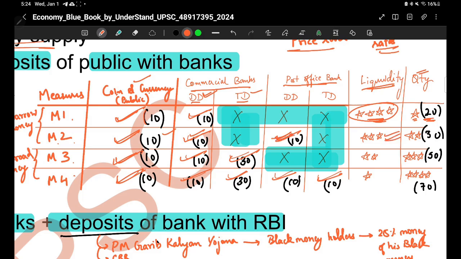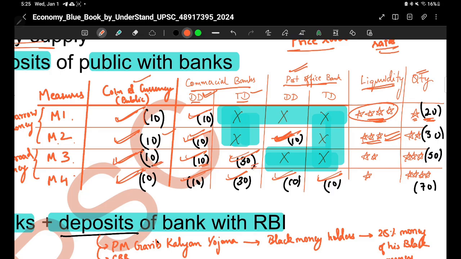Post office bank, I think they will have some restrictions on how much you can withdraw and all that. It is for small amounts. These post office banks are maybe for rural villages. So liquidity is less.